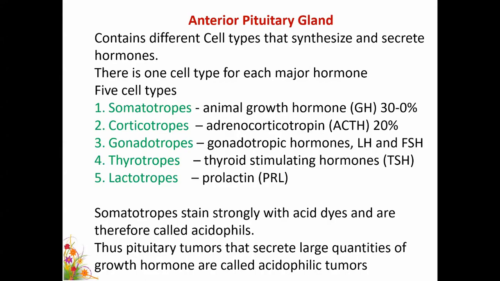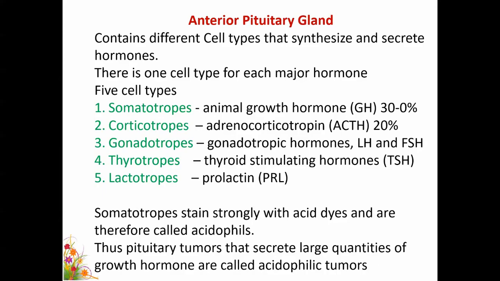So there are some pituitary tumors, just like in cancer conditions, there will be a high level of the production of tumors, and the pituitary tumors which secrete large quantities of growth hormones can be called acidophilic tumors. Again, growth hormone is produced by somatotrophs, and the somatotrophs also can be called acidophils because they easily get stained with the acid dyes.